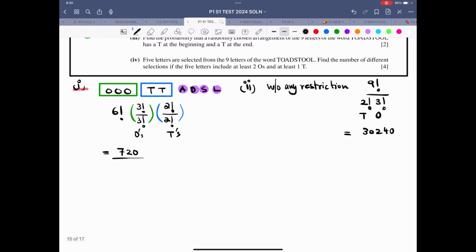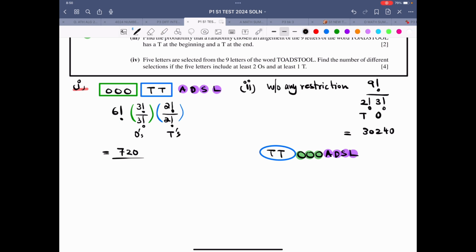What about the T's are together? So the 2 T's are together. So we have these 2 T's inside the box. We have 3 O's on the outside. We have A, D, S, L. So let me just highlight this. So that is the 3 O's are there. And then we have A, D, S, and L are there.